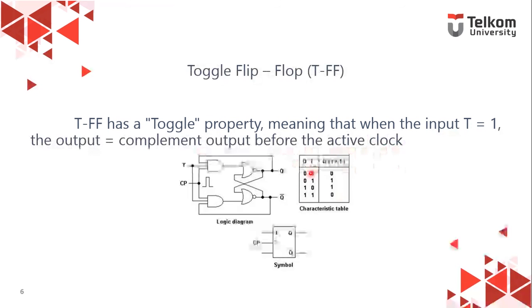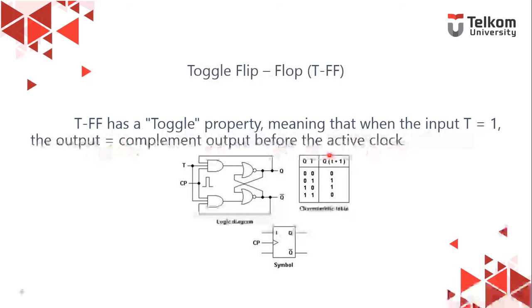For example, if T, or toggle, has a 0 or 1 value, and the output before the active clock is Q. The Q is the output before the active clock, and in this statement the output equals the complement of the output before the active clock.